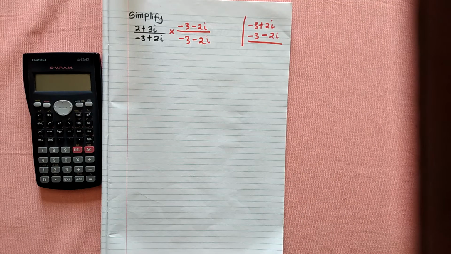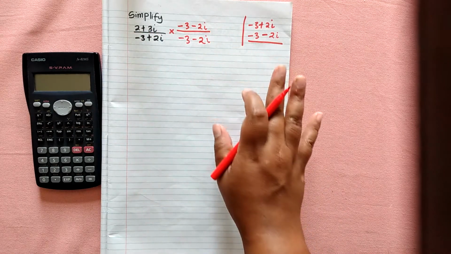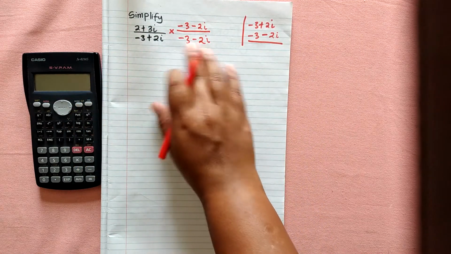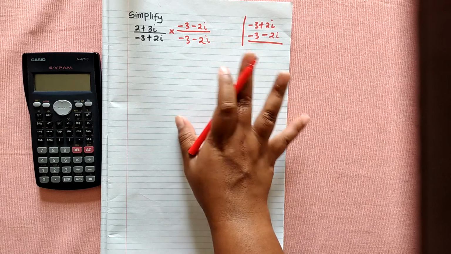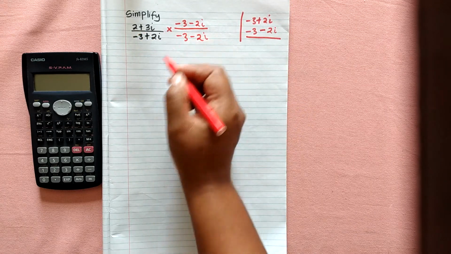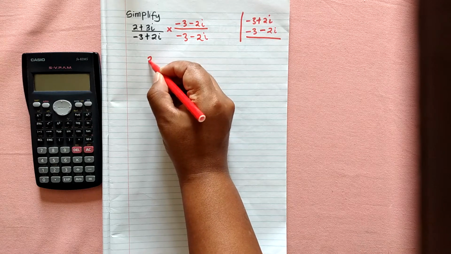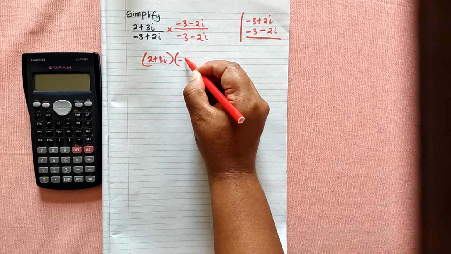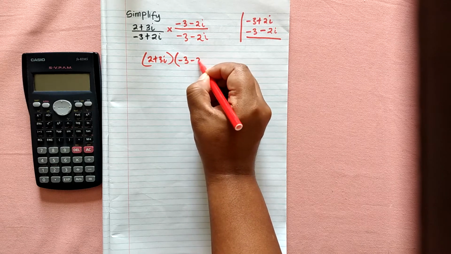Then we solve further. When we are multiplying fractions, we can just multiply the numerators together and multiply the denominators together. So I'm solving the numerator first. 2 plus 3i multiplied by negative 3 minus 2i will be (2 plus 3i) inside the bracket multiplied by (negative 3 minus 2i).